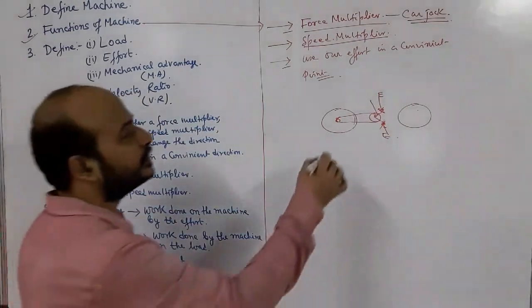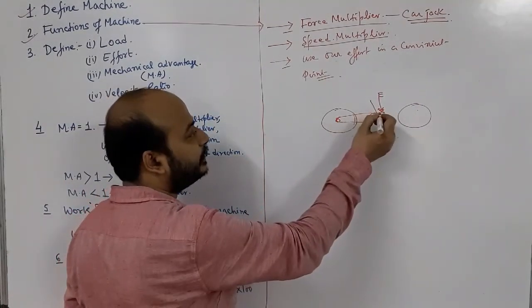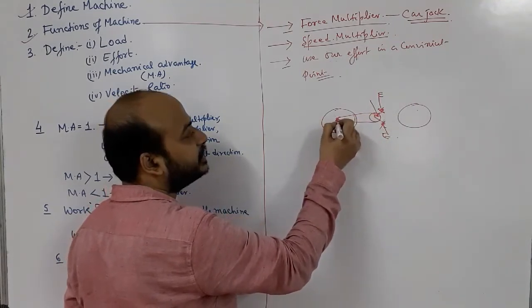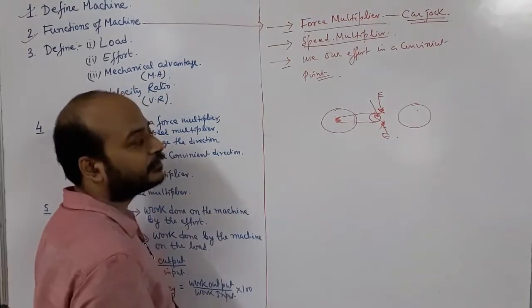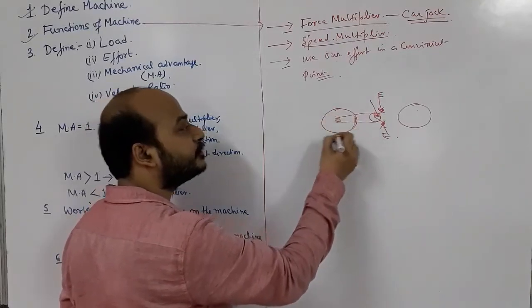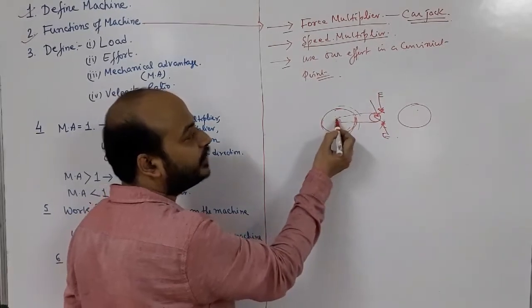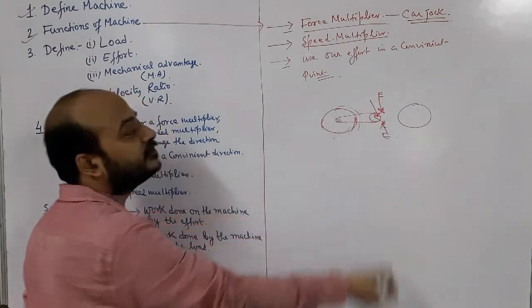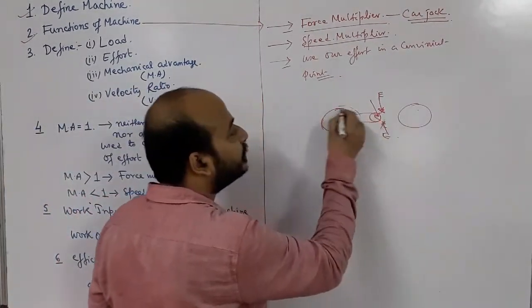Now why is this a convenient point? Because if, instead of here, I apply the effort at this point, that will be a very inconvenient point. Because when we apply our effort here, we have to use a large effort, we have to give a large force to rotate this. But if the point of application of force is at a greater distance, we get more turning force.